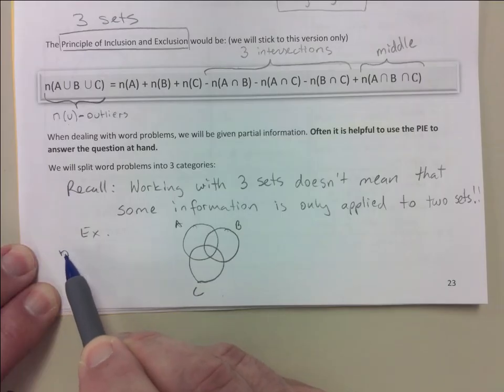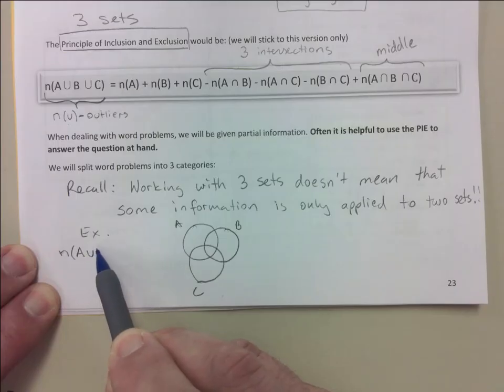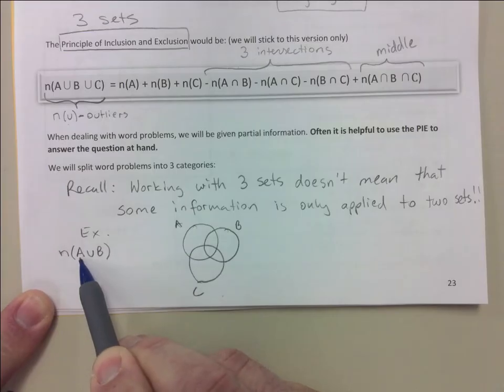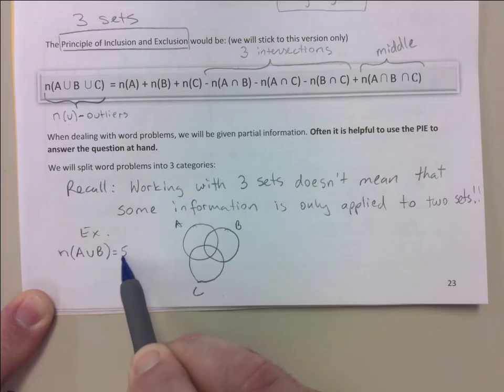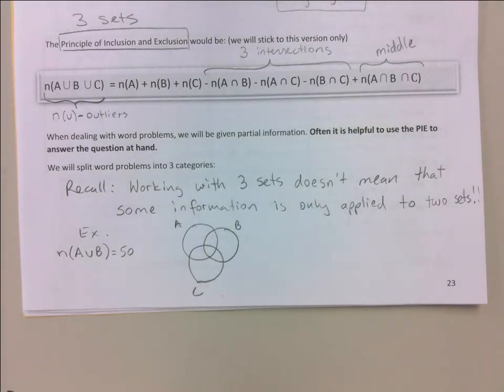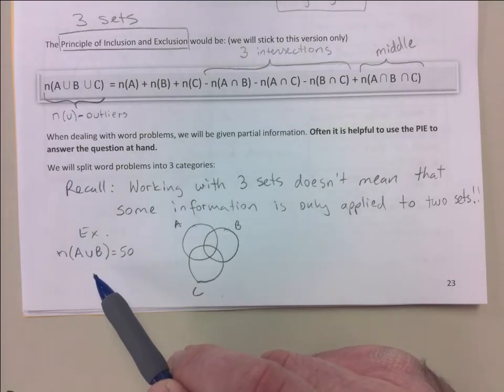If you read the question and for some reason it says that the number of people that are in applied or biology is 50, the number of students is 50. The C is chemistry, let's say. We're talking about these 3 courses. Does this information apply to all 3 sets? No, right?